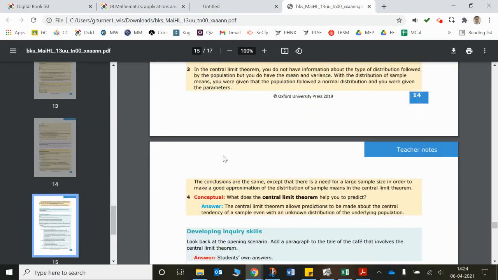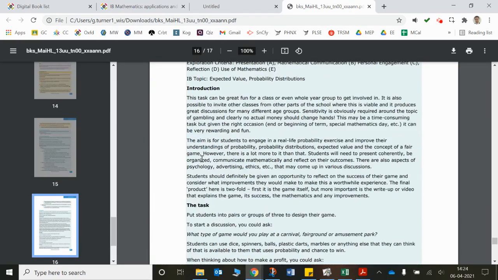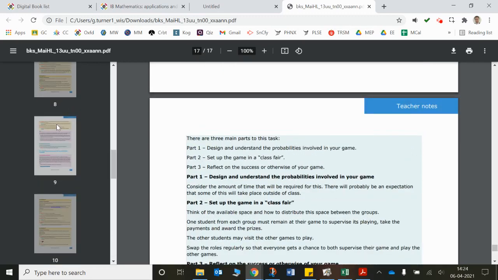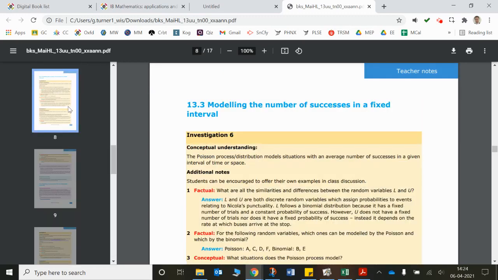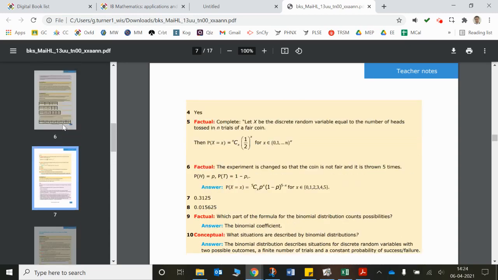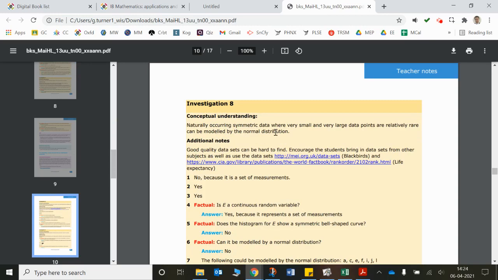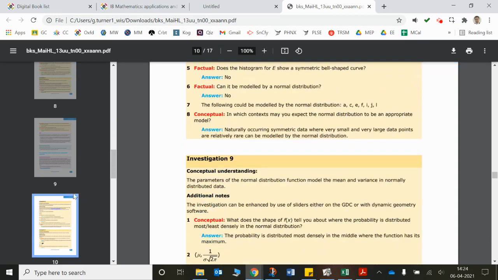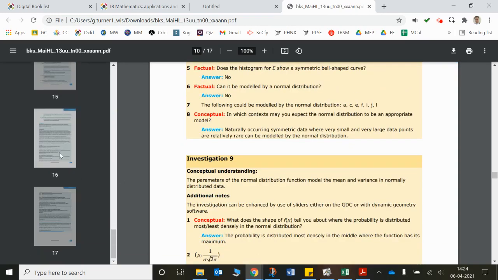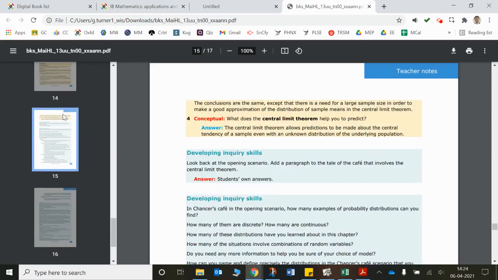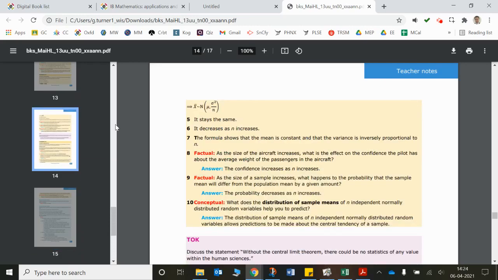Investigation 14, no, that's not what we want. It was investigation 8. But anyway, you can see that we've got your various investigations, and they are all in the solutions here as well. So you should be able to find them in there.